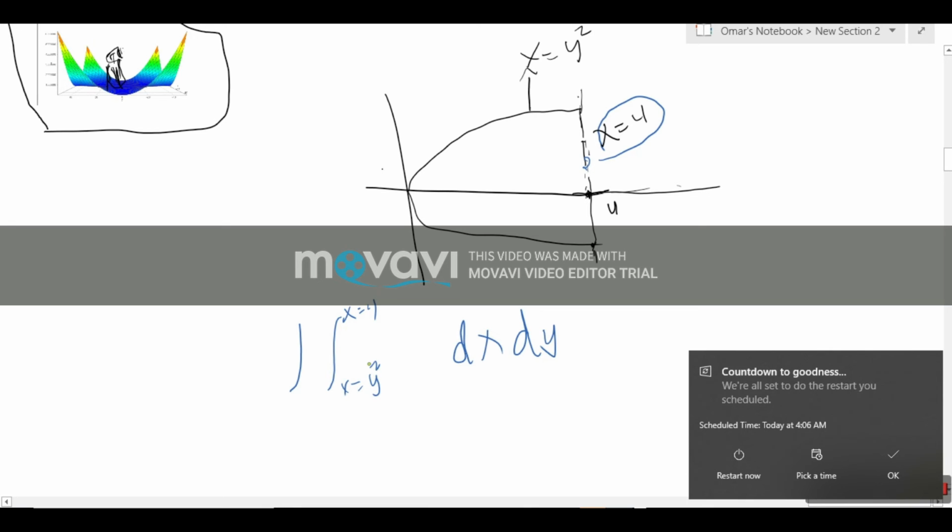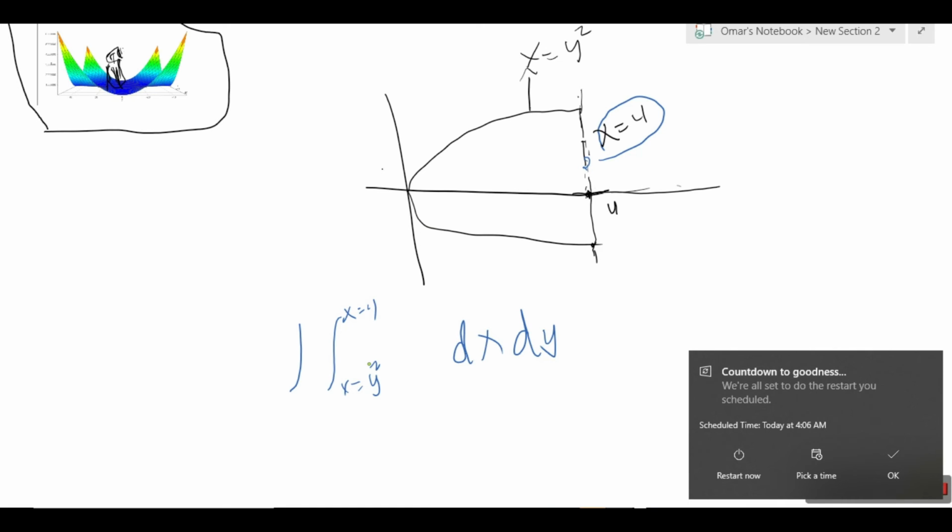It's similar to the area between two curves, as we did in calculus 2.